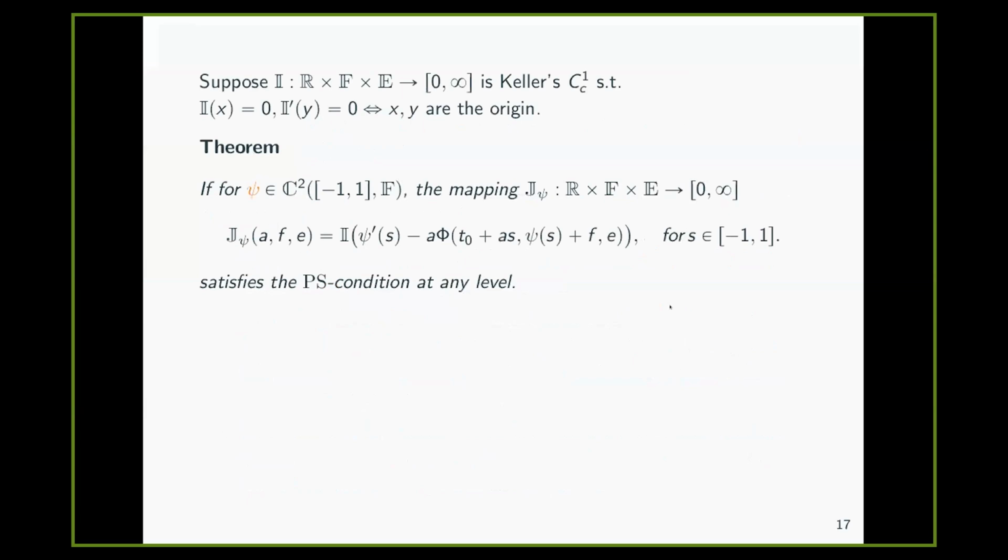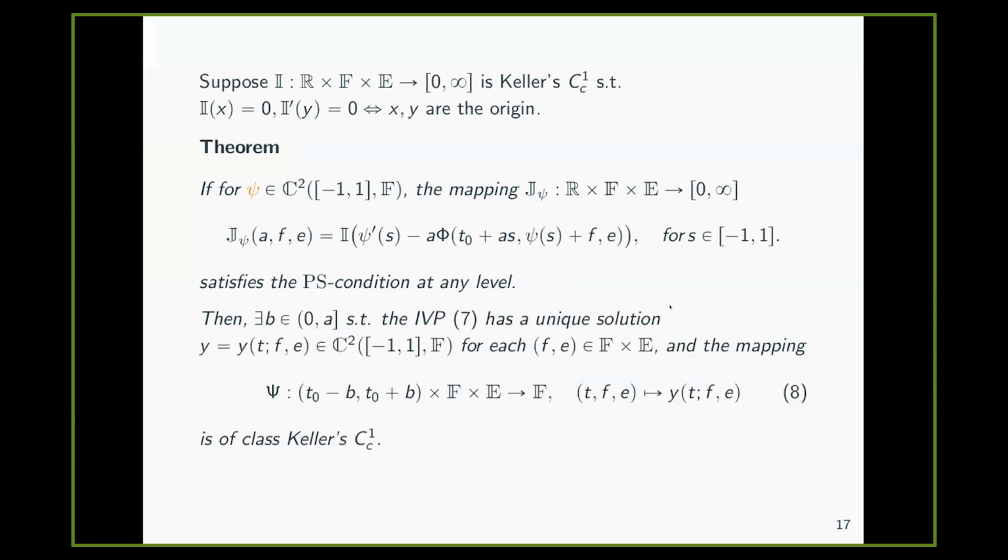So here is the statement of the theorem. As before, we introduce this mapping. Here, F and E are the spaces where the initial point and the parameter belong. We introduce this mapping that is zero, and its derivative is zero, only at the zero element.